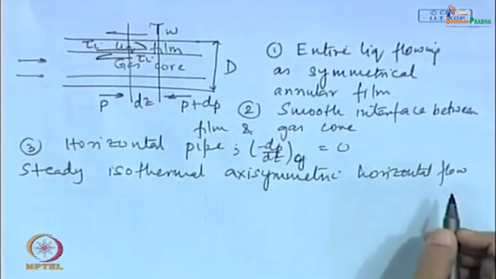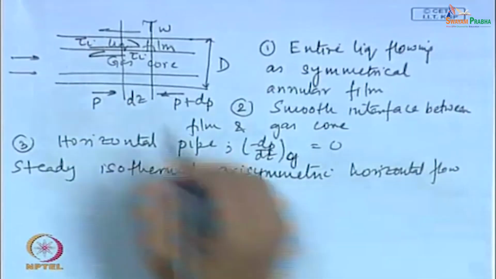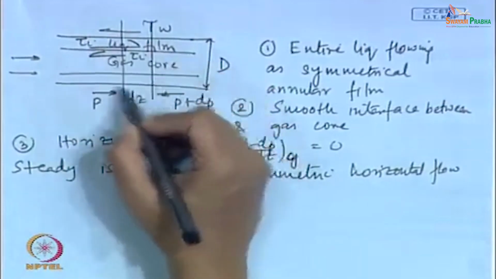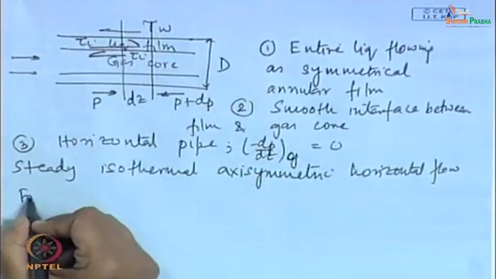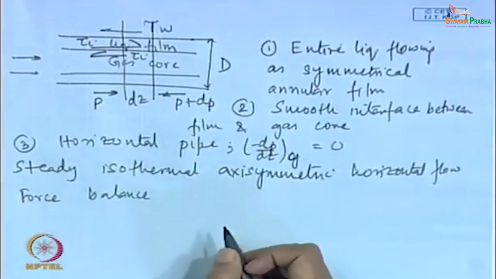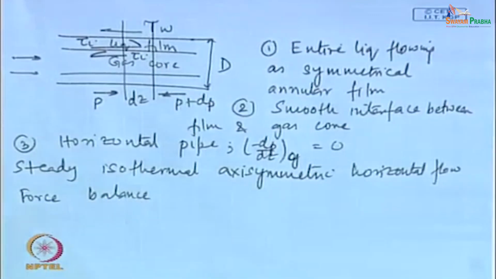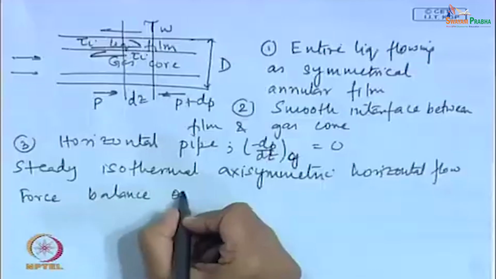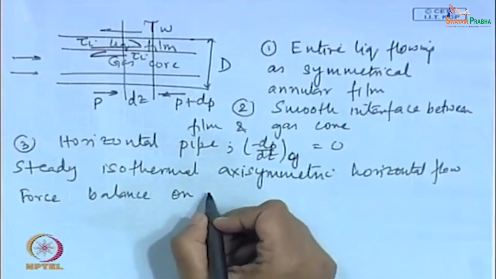Now, suppose we do the force balance on the combined two phase system. Just like we used to do for the single phase flow, we take a control volume, the pressure gradient and the wall shear stress, balance them, and get an expression for tau w in terms of dP. Same way, force balance on the combined phase.